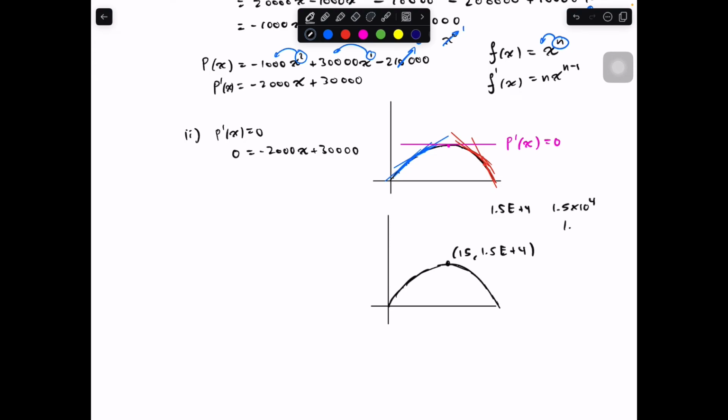Or, if we have 1.5, let's move 1, 2, 3, 4 hops. So they earn $15,000 in gross profit. Profit as a function of the price of a phone. And there it is. So we'd want to change this if we wanted to write this as process marks. So let's just say 1.5 times 10 to the 4.